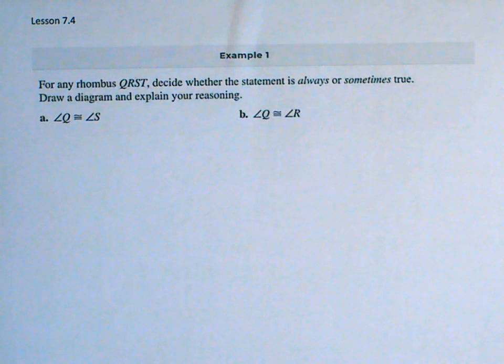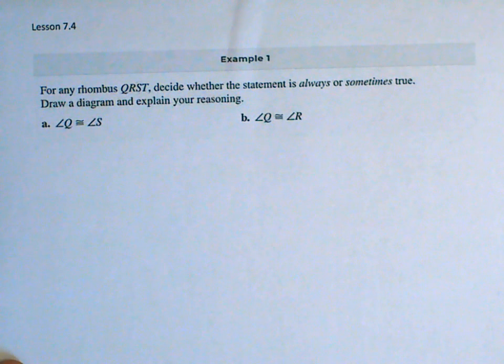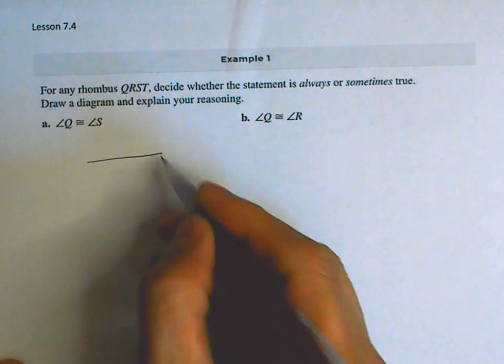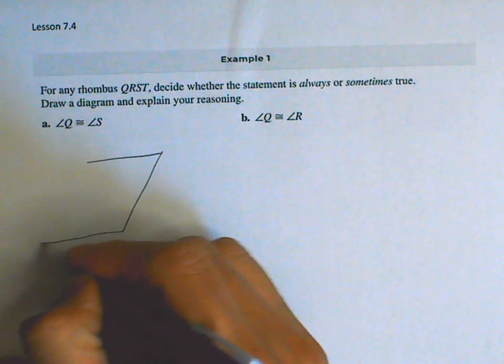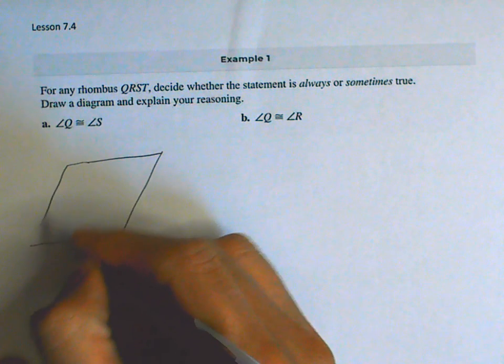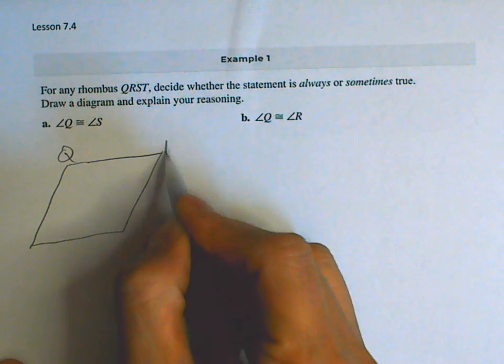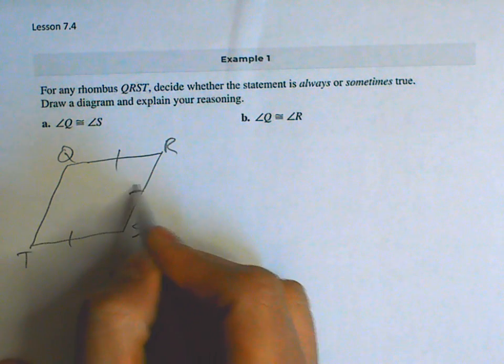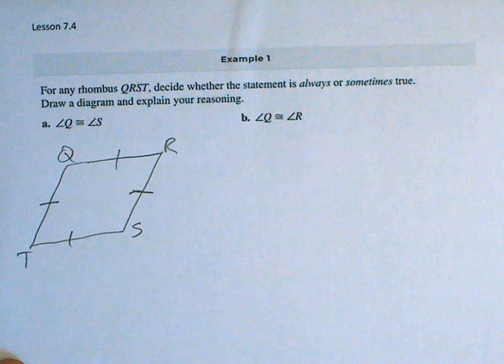All right, so let's look at example number 1. For any rhombus QRST, decide whether the statement is always or sometimes true. What I do suggest you do is draw QRST, and they tell you that this is a rhombus. So let's draw the rhombus. Okay, Q, R, S, and T. Now remember, we have to remember all the theorems we just learned about rhombuses.